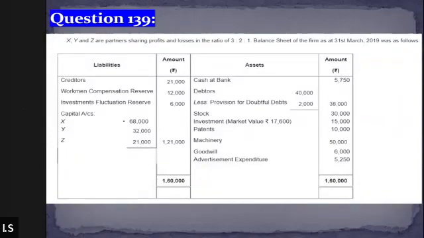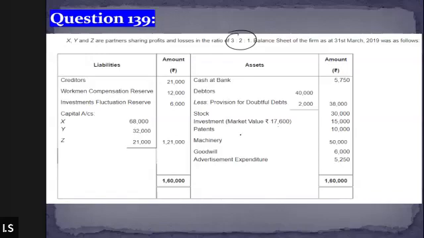This question is saying that there are three partners X, Y, and Z who were sharing the profit in the ratio of 3 is to 2 is to 1, and their balance sheet as on 31st March 2019 is as follows. Firm's balance sheet is given. On the asset side, you can see we have a cash balance of 5750. Then debtors are 40,000 less provision for doubtful debt 38,000.